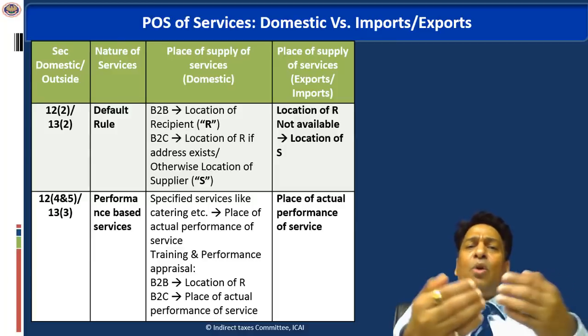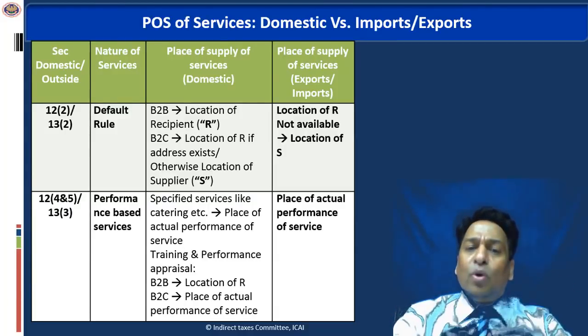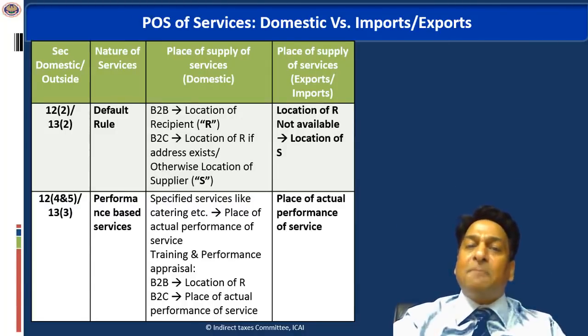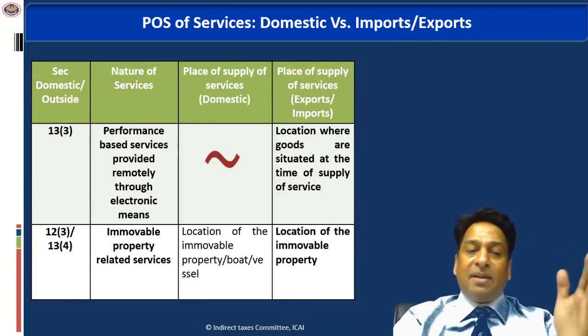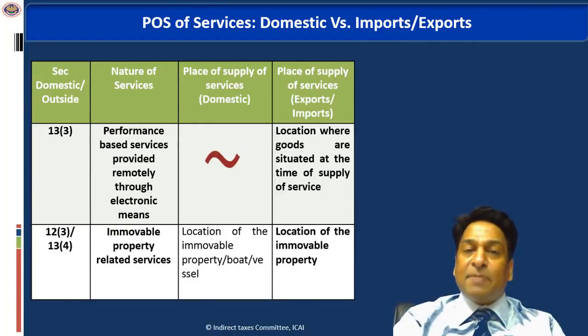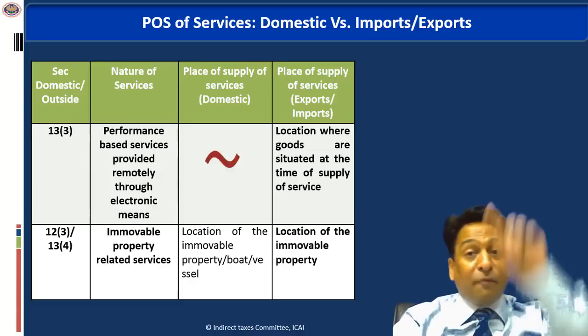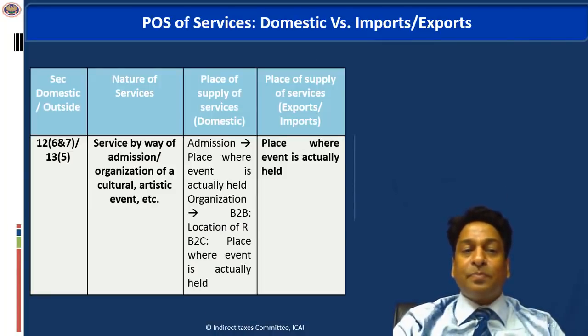Same provision. Go to performance based, Rule 4: place of actual performance is going to be the place of supply. When you go to immovable property related, which is under section 13 subsection 4, second row of the instant example, location of immovable property, Rule 5 of erstwhile POP Rules 2012.